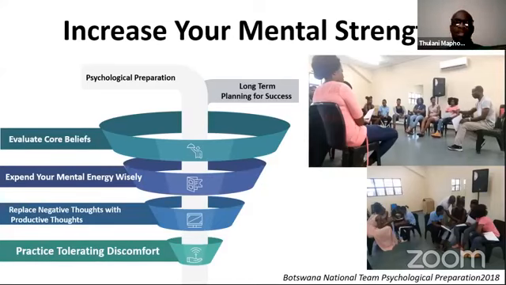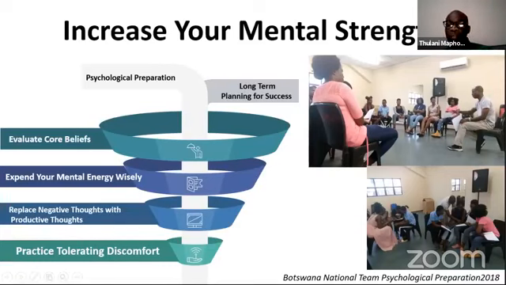So now I want to highlight the critical things that you need to do to increase your mental strength. One, I need a combination of psychological preparation as well as long-term planning. You'd see in the picture on the right-hand side, I've got a Botswana national team undergoing psychological preparation led by a psychologist. Within that, they evaluate the core beliefs that they have as a team, as well as individuals.